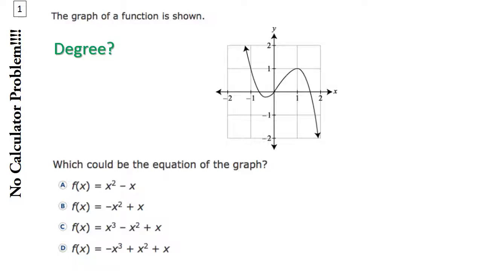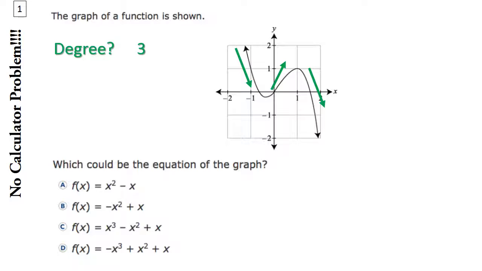Now we can figure that out, if you remember, by just counting the number of directions it goes. This one goes down, up, down. So that's 3 different directions. It's degree 3.